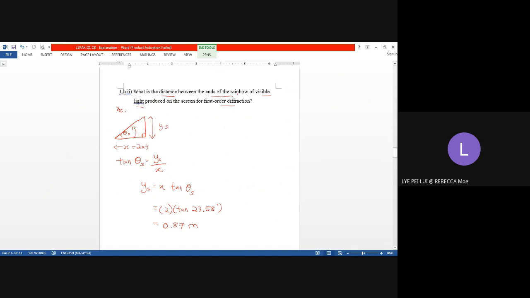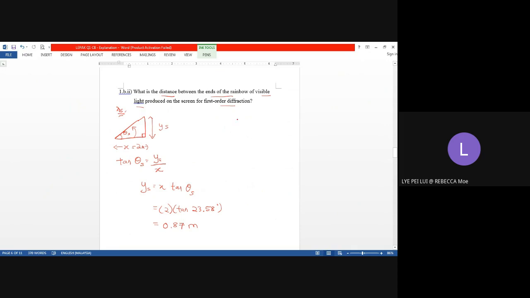This is because the question is asking about the distance between the ends of the rainbow of visible light produced on the screen for the first order. This one is to determine the shortest, and then we go for longest.